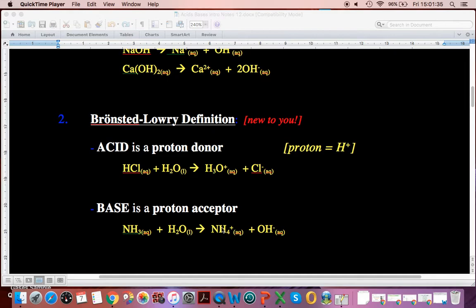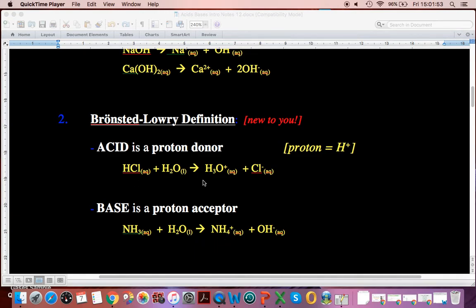So what you see is the HCl compared to the Cl-, they differ by one hydrogen, and the charge has gone down by 1. When we look at this base, it differs by one hydrogen from the NH4+, and the charge has gone up by 1.